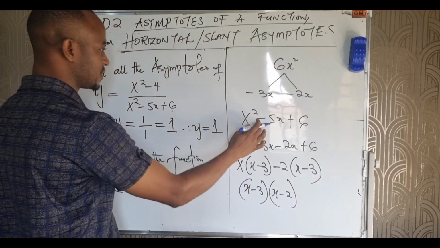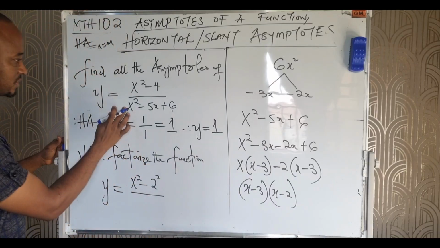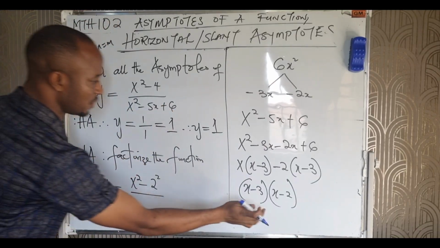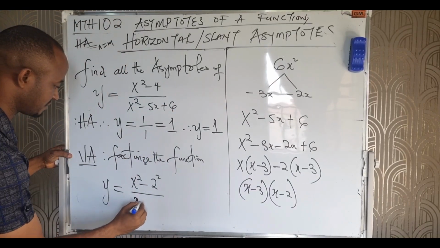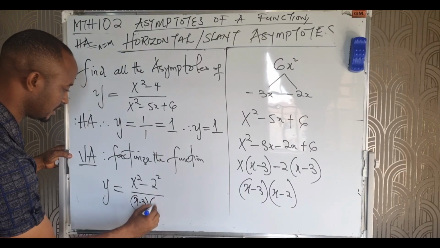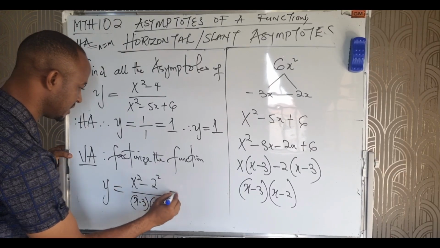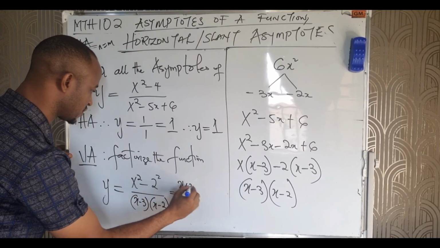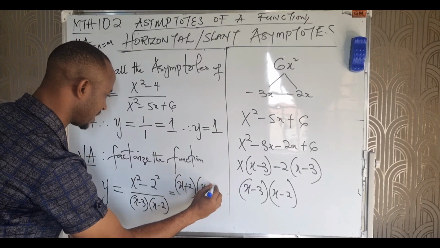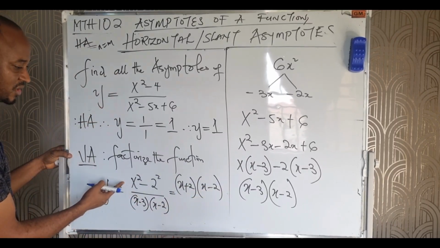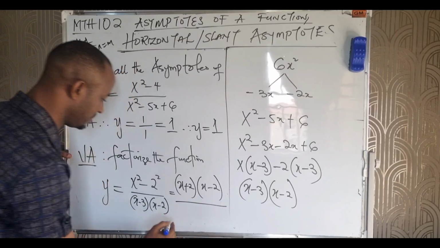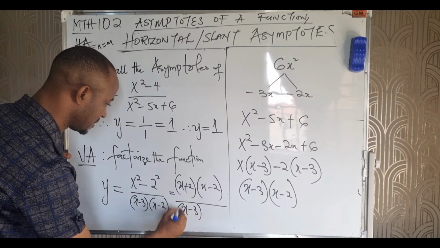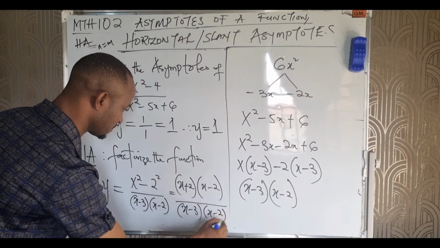So these are the two factors of this, right? So I can replace this with s minus 3 and s minus 2. The numerator is the same as s plus 2 times s minus 2, from the principle of difference of two squares, divided by s minus 3 and s minus 2.